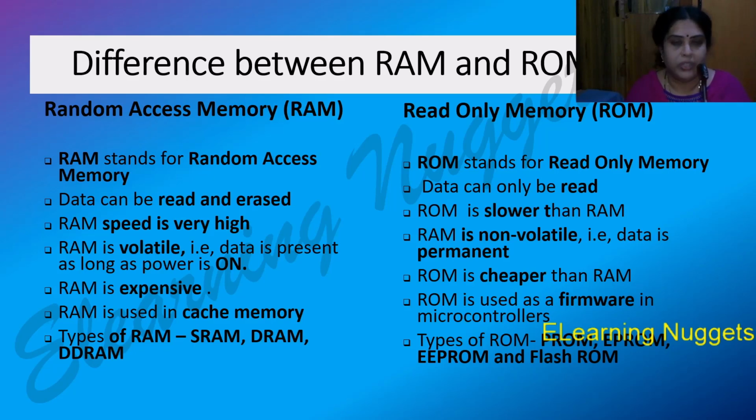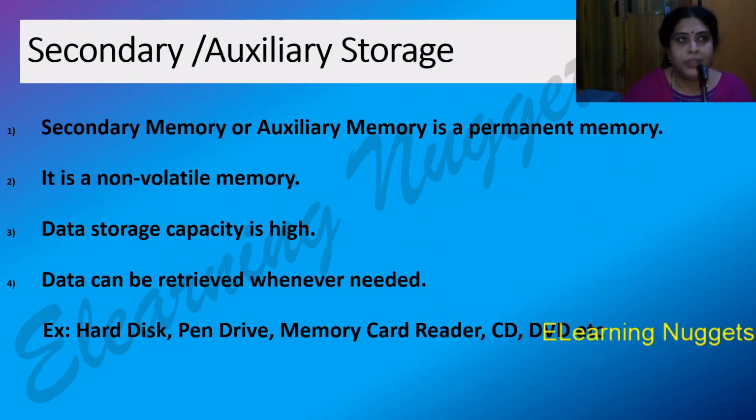RAM is volatile, whereas ROM can be volatile or not volatile, and RAM is expensive compared to ROM. And types of RAM that you have are SRAM, DRAM and DDRAM, and here you have ROM as PROM, EPROM, EEPROM and the flash PROM.